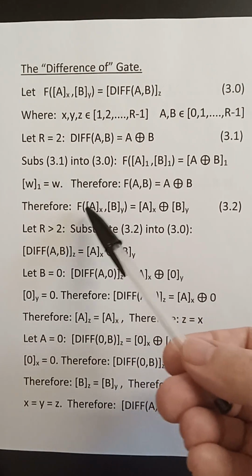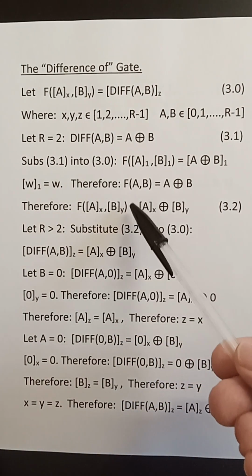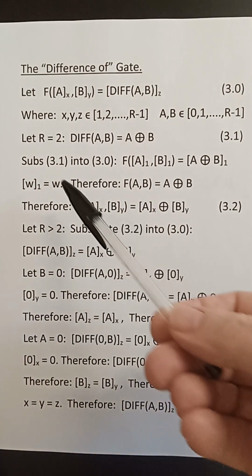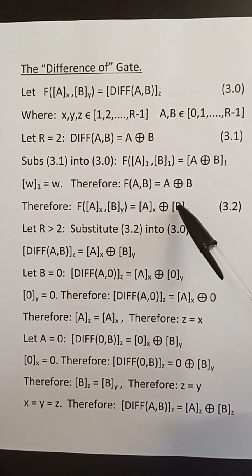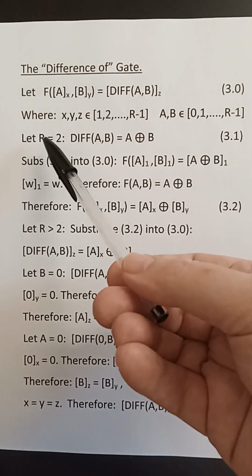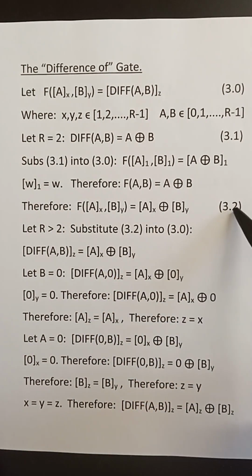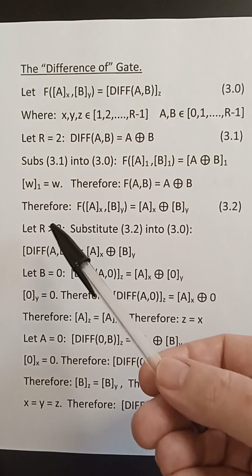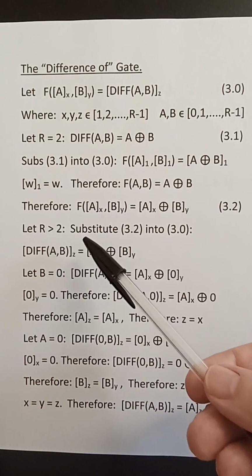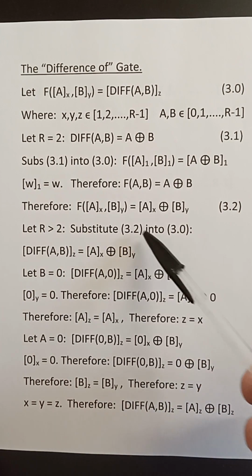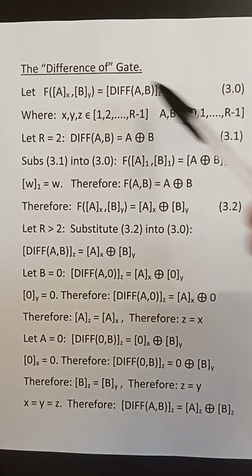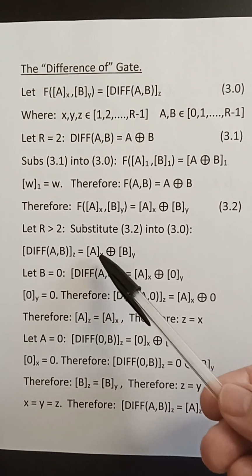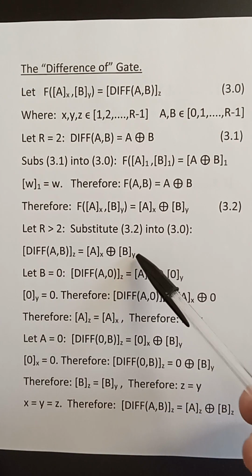Therefore, f(a^x, b^y) equals a^x exclusive or b^y. Because these are Boolean operators, and we're dealing with Boolean algebra because r equals 2. So now we'll let r be greater than 2, so ternary, quaternary, etc. So substitute 3.2 into 3.0, and we get the difference(a,b)^z equals a^x exclusive or b^y.